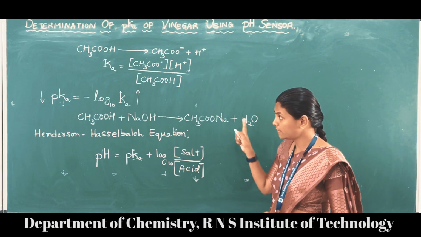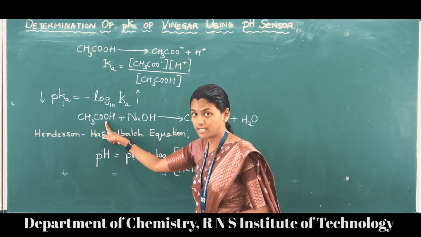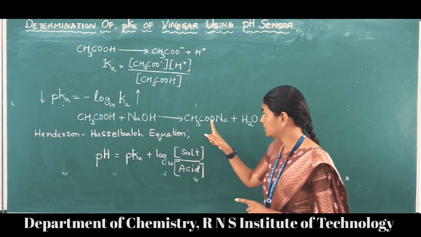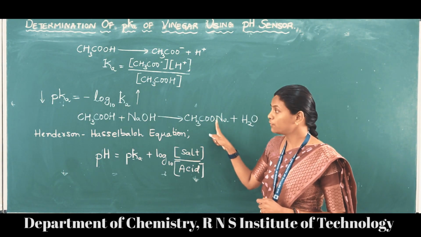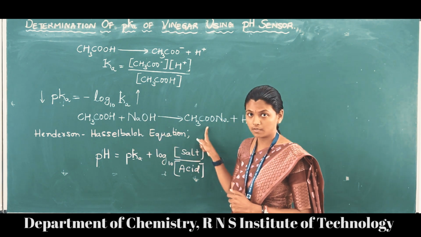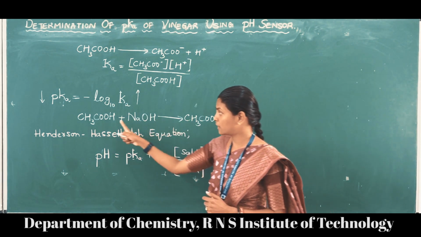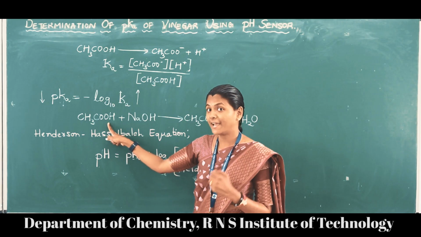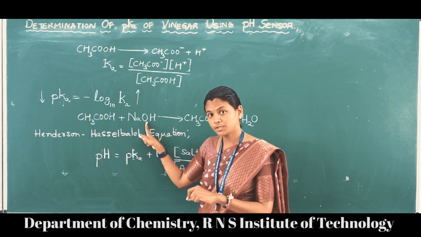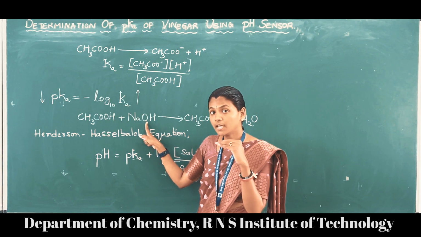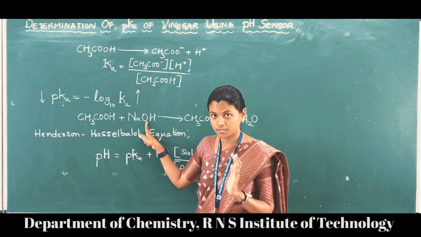You should remember, this is the acid which is present, and this is the salt which is formed. When you do the titration of this reaction, initially we observe the maximum concentration of the acid. When it is neutralized with the strong base, the pH value gradually increases.